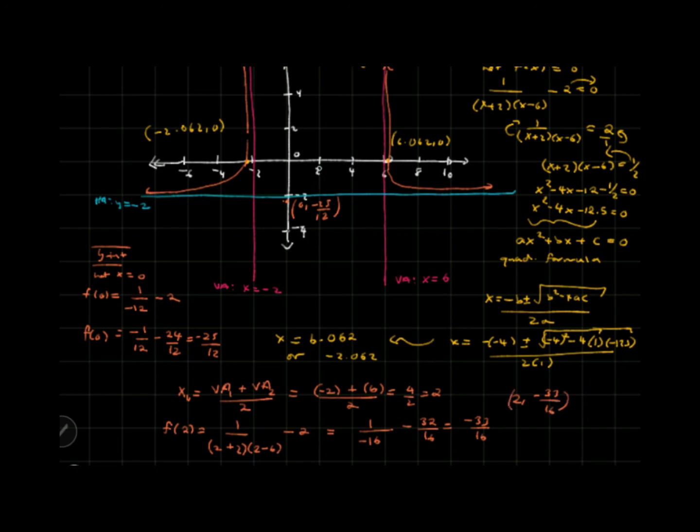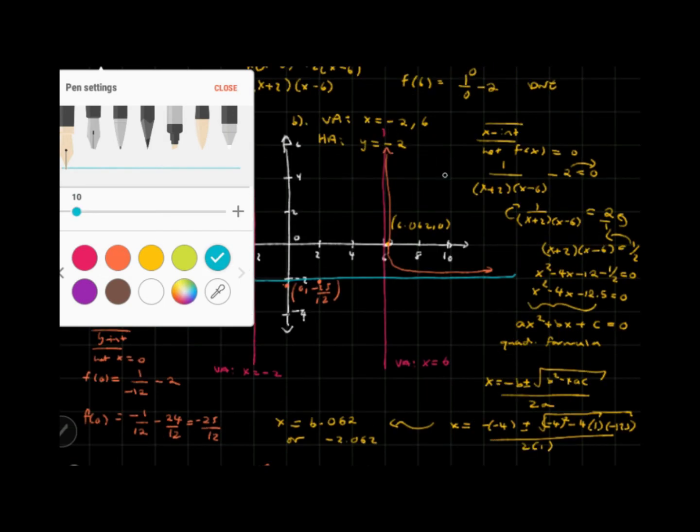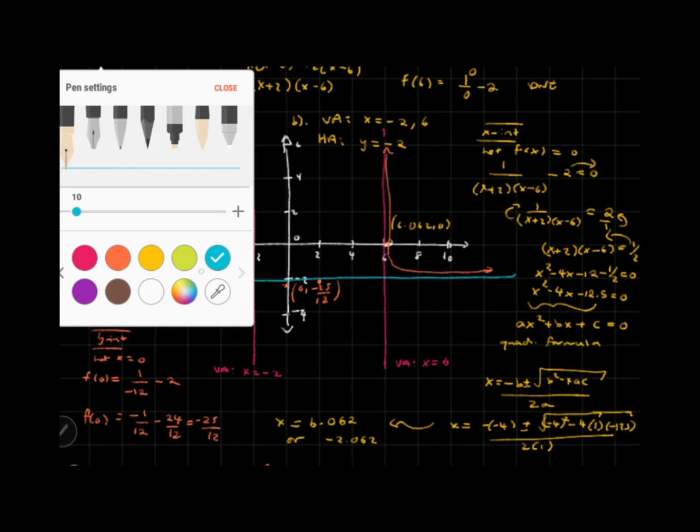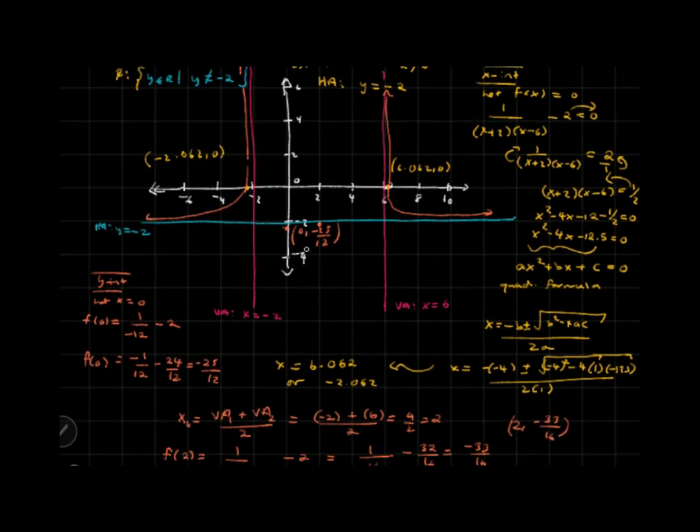So the x value of the vertex is here, and negative 33 over 16 is slightly below this value. So this is the vertex. Technically if we do a sketch here, I'll use a different color, let's use green.